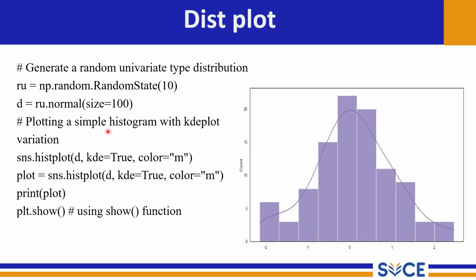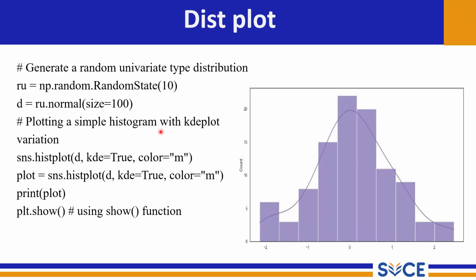So here in this program, as usual you have to import matplotlib as well as Seaborn. And rs is equal to np.random.RandomState of 10, just a univariate type distribution, and I'm setting the size to 100. Okay, if you want you can define the colors like RGB.